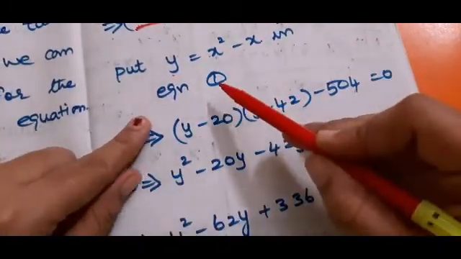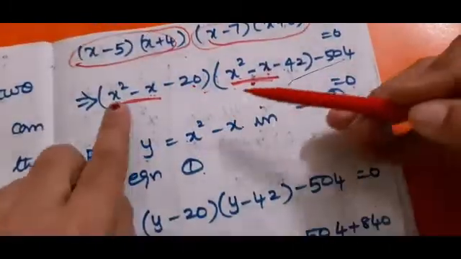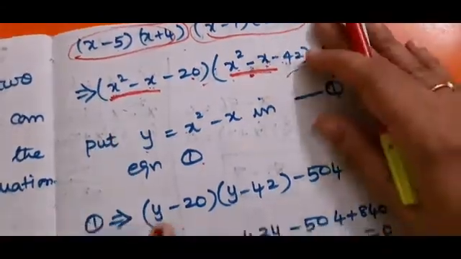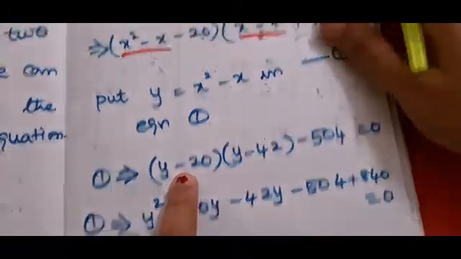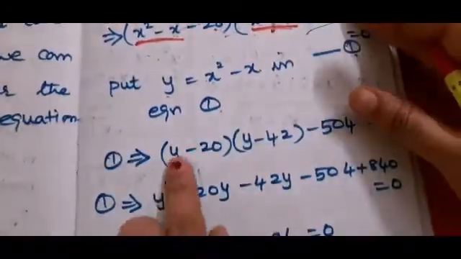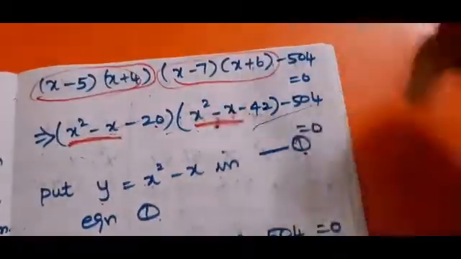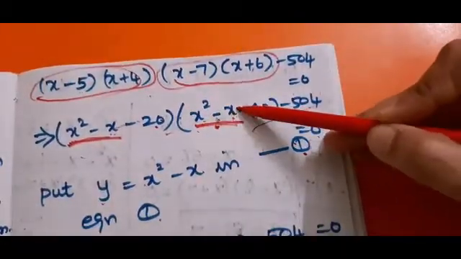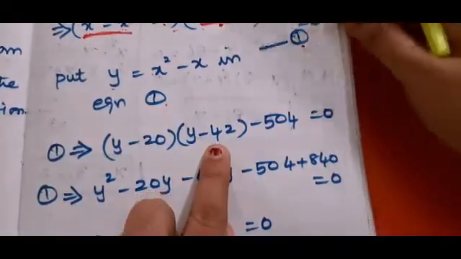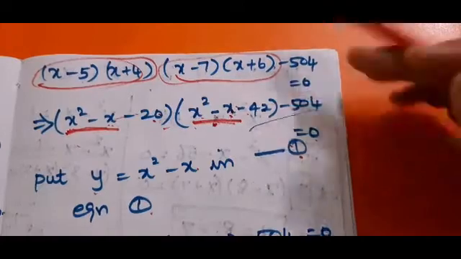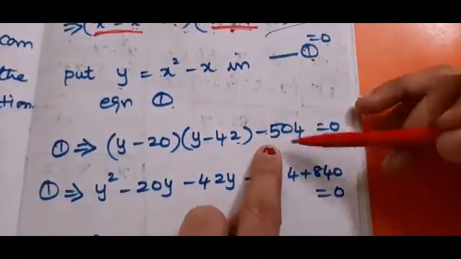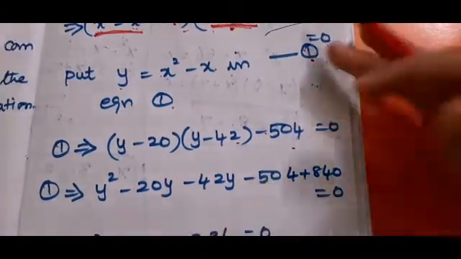Now equation 1 can be written as, instead of x² − x, I replace y. So (y − 20), and here instead of x² − x, I replace y, so (y − 42), and then − 504, that will be equal to 0.